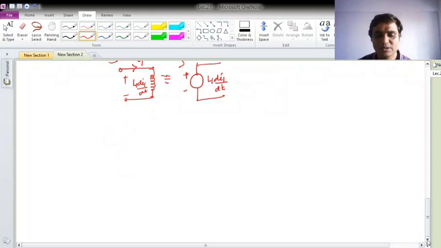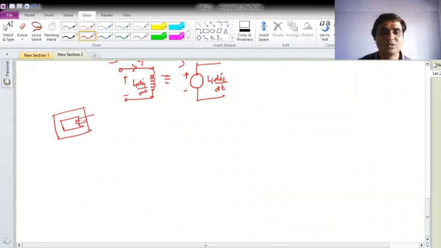Now let me draw the magnetic circuit again. Suppose this is my coil L2, through which current is passing, say I2.